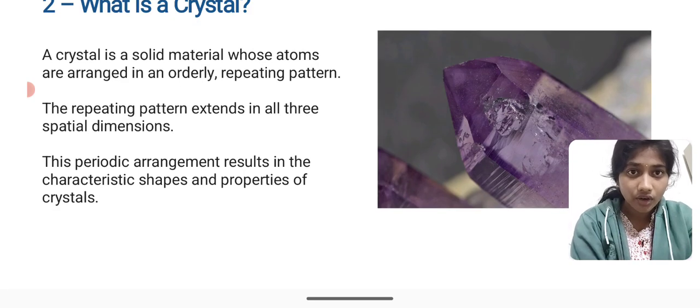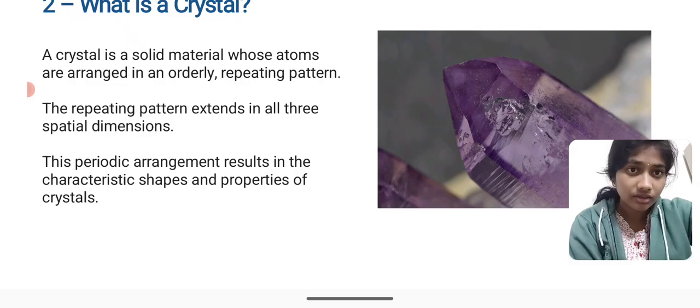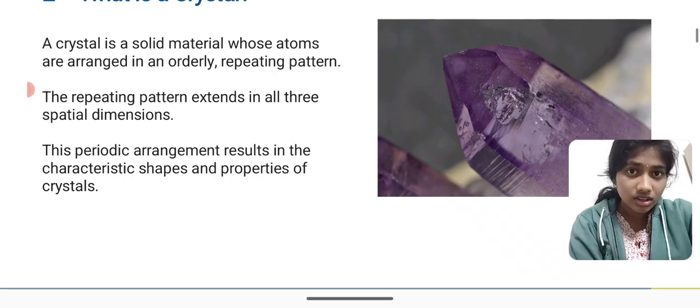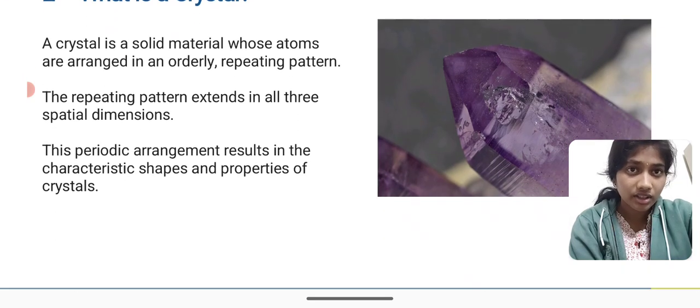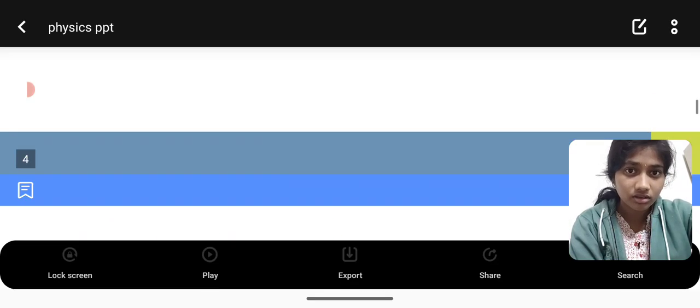This periodic arrangement results in the characteristic shape and properties of crystals. This is the relevant image for this topic.